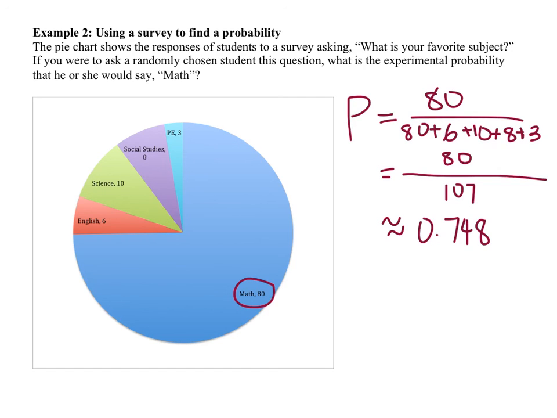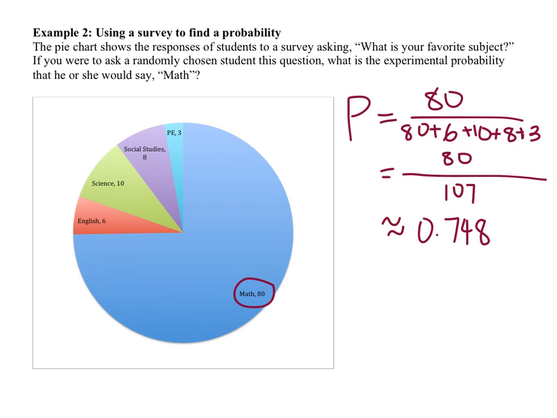Okay, so that's it for today's lesson. I hope that it wasn't too difficult for you. You're going to be doing an activity where you'll be tossing coins. So you're actually going to conduct an experiment, and you'll have certain answers for the experiment that you conducted and compare it to what the theoretical probability is.